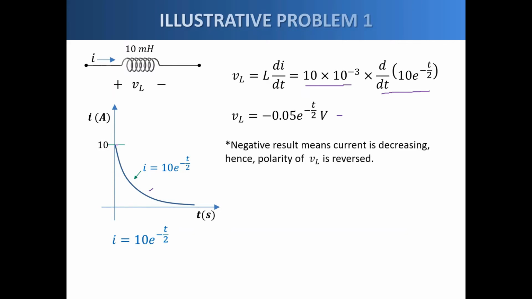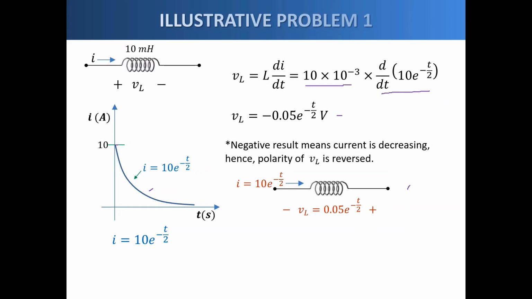A negative result means that the current is decreasing, and therefore the polarity of the voltage across the inductor with respect to the direction of the current must be reversed and should be this one.